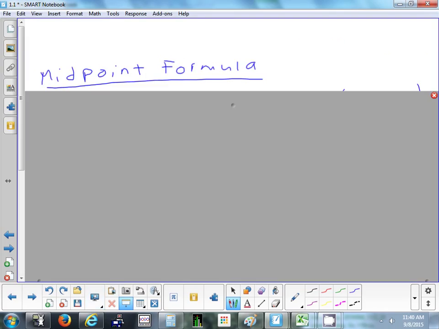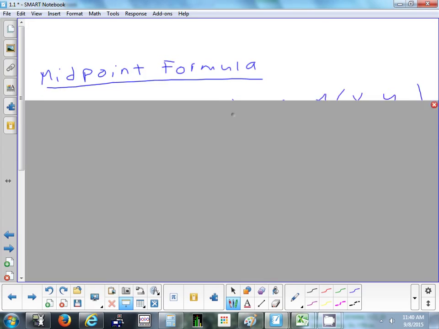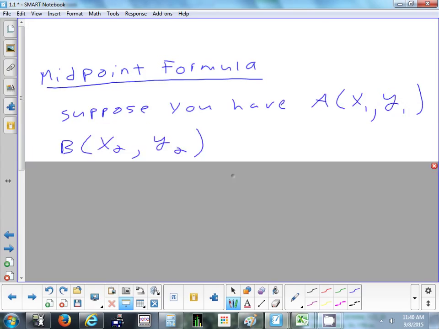And last thing we'll do today is the midpoint formula. Basically we use that if you want to find what's the middle point, the halfway point between 2 points.